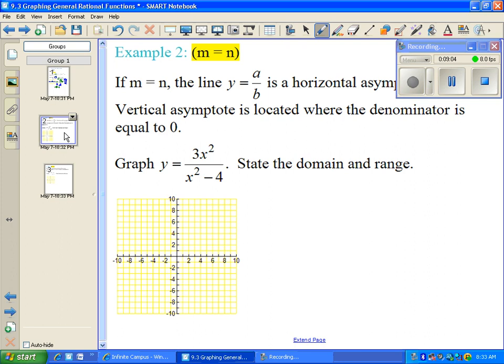My next example on the note sheet that I gave you, this is letter C. The degree of my numerator and my denominator, the top and the bottom, are the same. They're both 2.